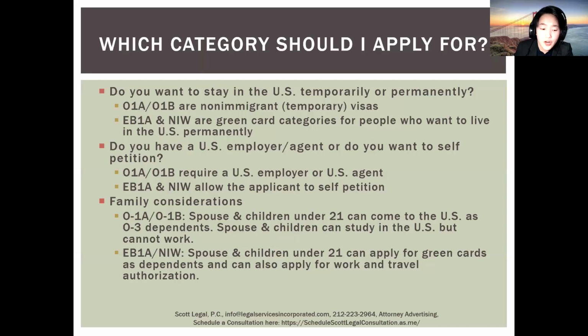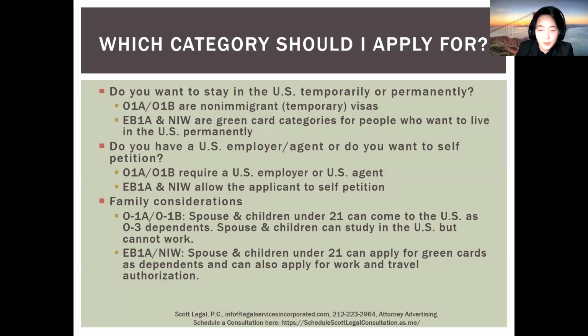Family considerations, right? For the O-1A and O-1B, spouses and children under 21 can join your application and come to the U.S. on O-3 dependent visas, and spouses and children can study in the United States, but unfortunately, work authorization is not available for spouses.